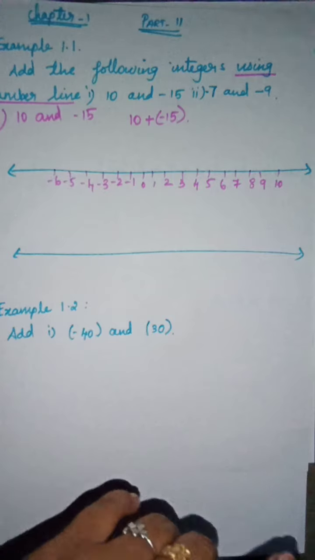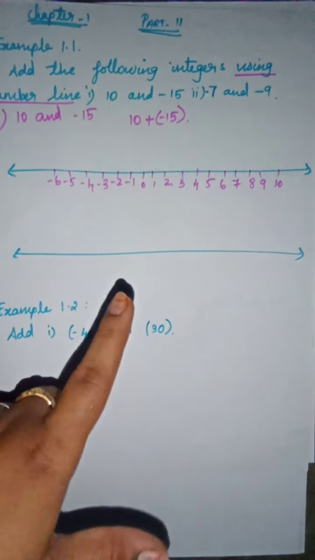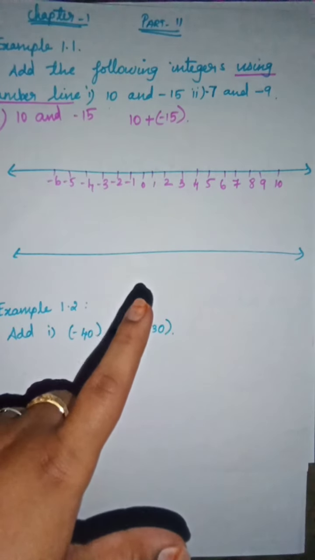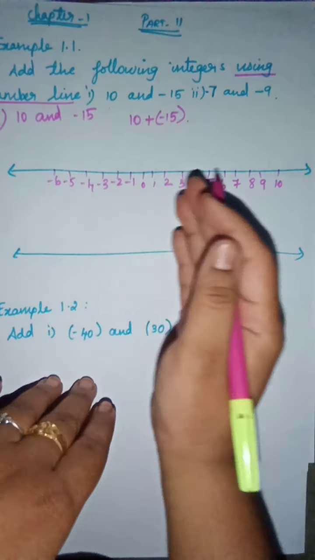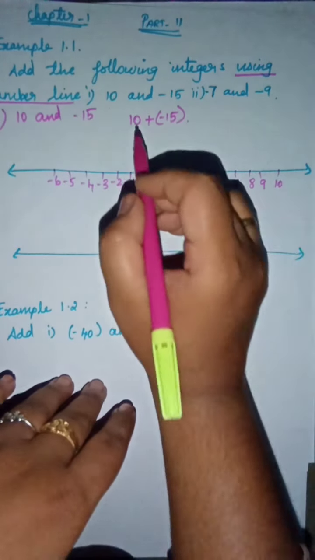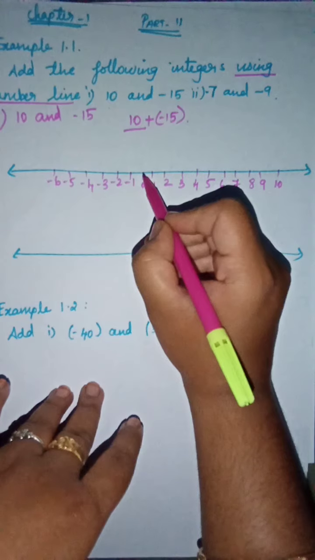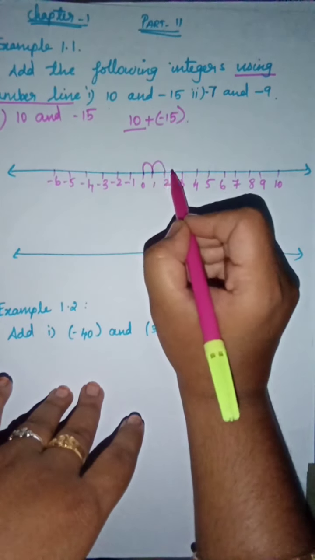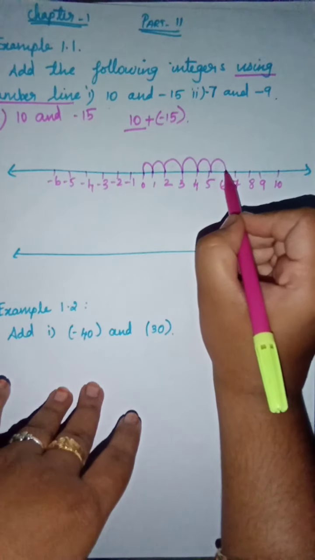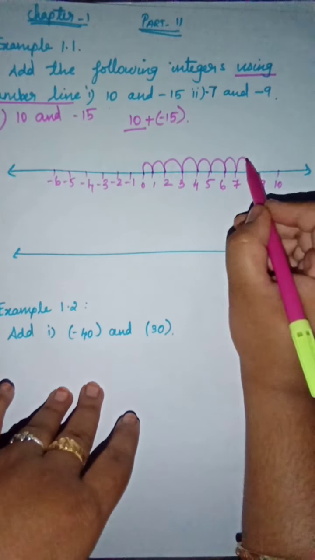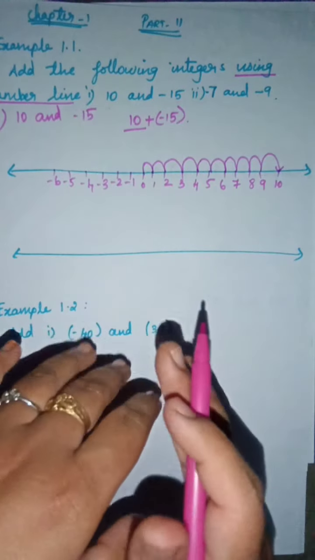So simply 10 means from 0 we have to move which side? 10 means it is a positive number, no? So which side is the positive side? This side. So this side we have to move how many units? 10 units. So from here we are going to start moving, 1 2 3 4 5 6 7 8 9 10. So we have moved 10 units.